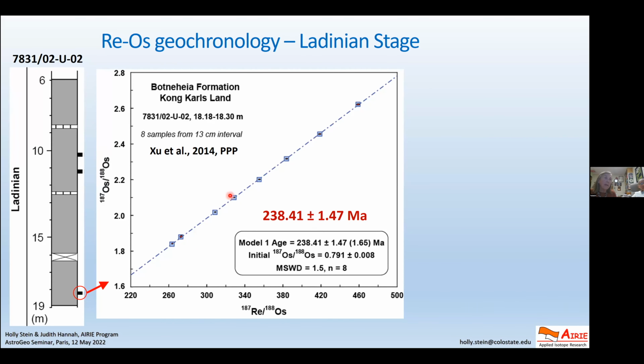If we're comparing the age of this sample to this sample to this sample and saying, what is the duration, what's the amount of time elapsed between those samples in a section of core, then we can ignore the decay constant uncertainty, because all it would do is make all of these a little bit younger or a little bit older. So the duration would be unchanged. So we can take out the decay constant uncertainty, and that helps tremendously.